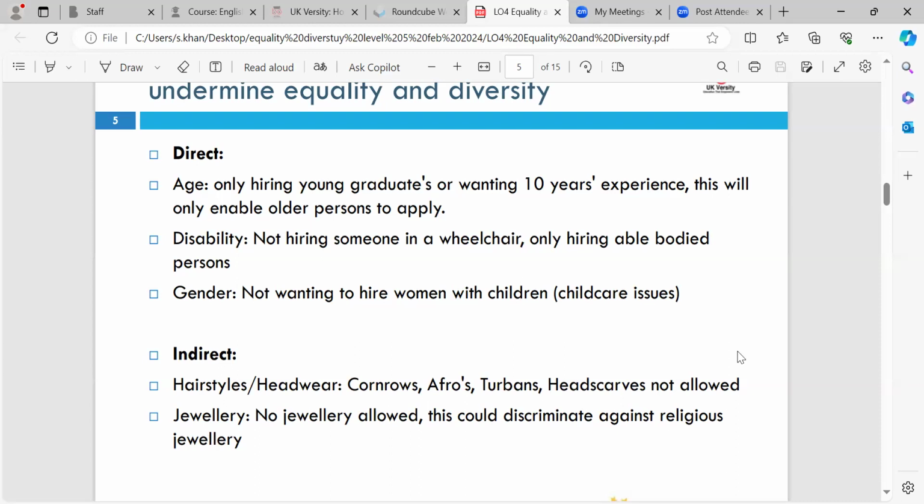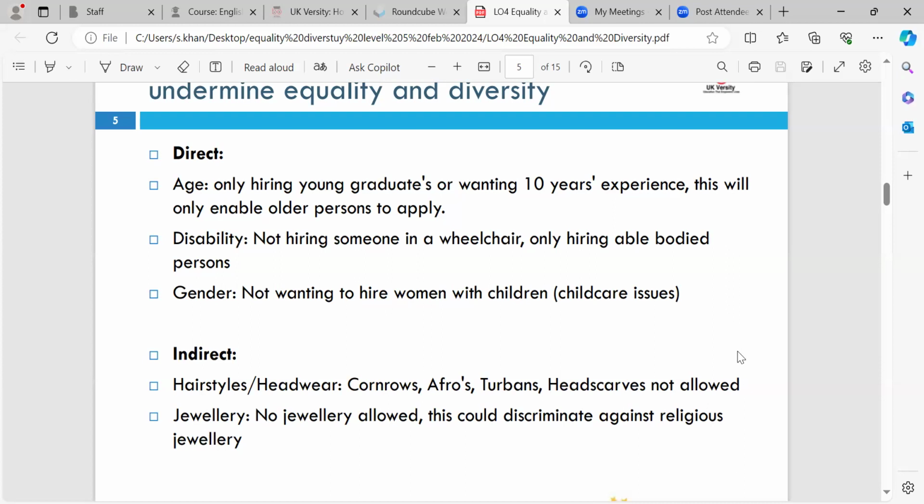Another form of direct discrimination is not hiring someone in a wheelchair and only hiring able-bodied persons, which does happen, because some organizations don't want to cater for disabled people. They don't want to provide ramps, which legally they should be doing. They don't want to provide the facilities. If you discriminate against disability, it's a huge thing.